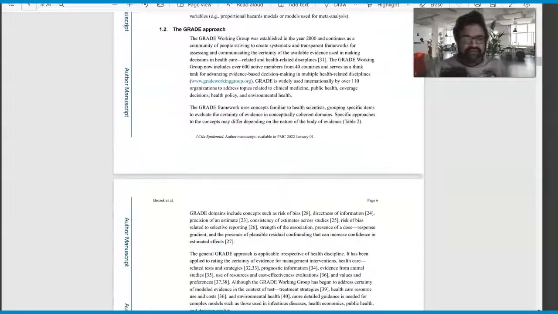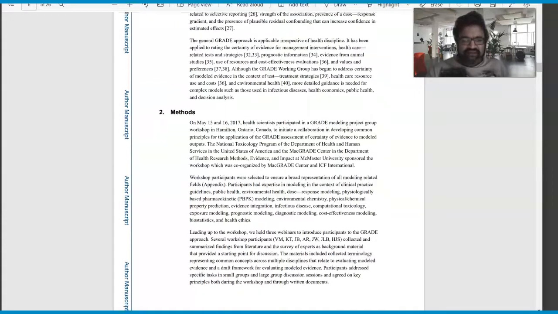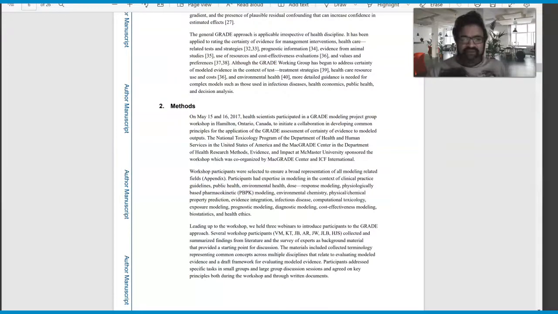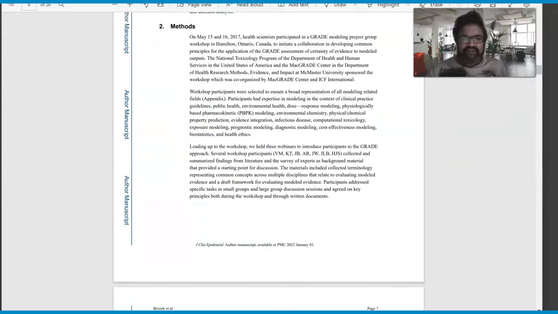Here's the methodology that was used, and this was actually used in a modeling project group workshop in Hamilton, Canada. This was a collaborative effort on common principles for the application of GRADE assessment.